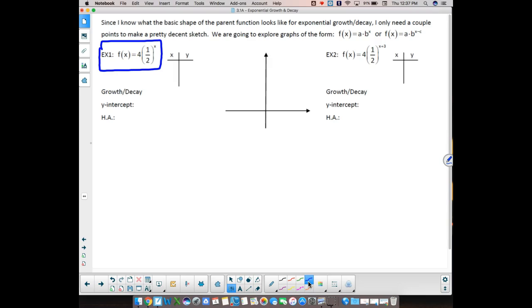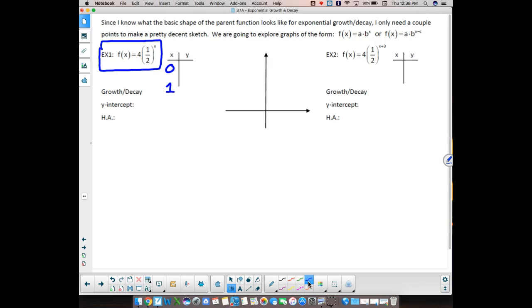I'm looking for values of x that are going to make that exponent be 0 and be 1. It's a trick question. 0 and 1, because the exponent is just x. Okay? So I want x to be 0 and I want x to be 1. Well, then x has to be 0 and x has to be 1.